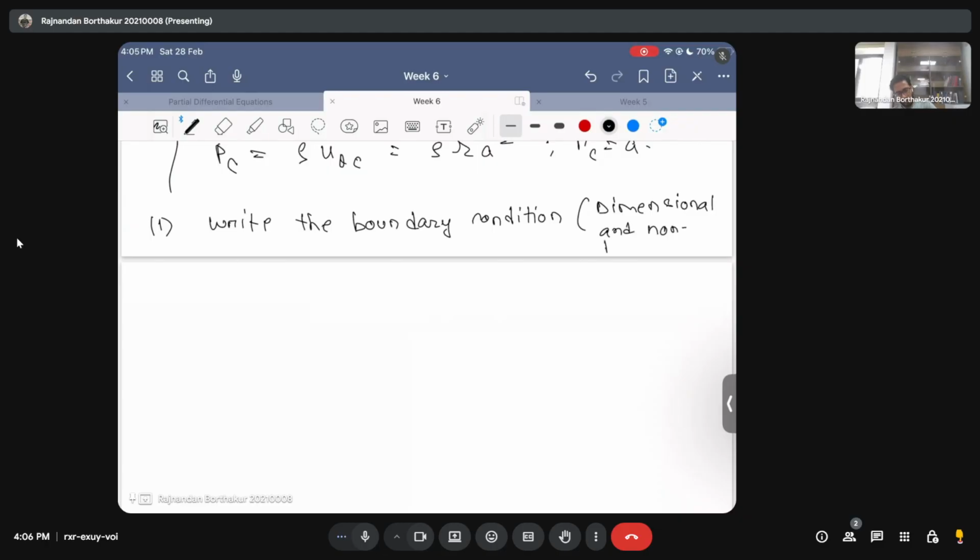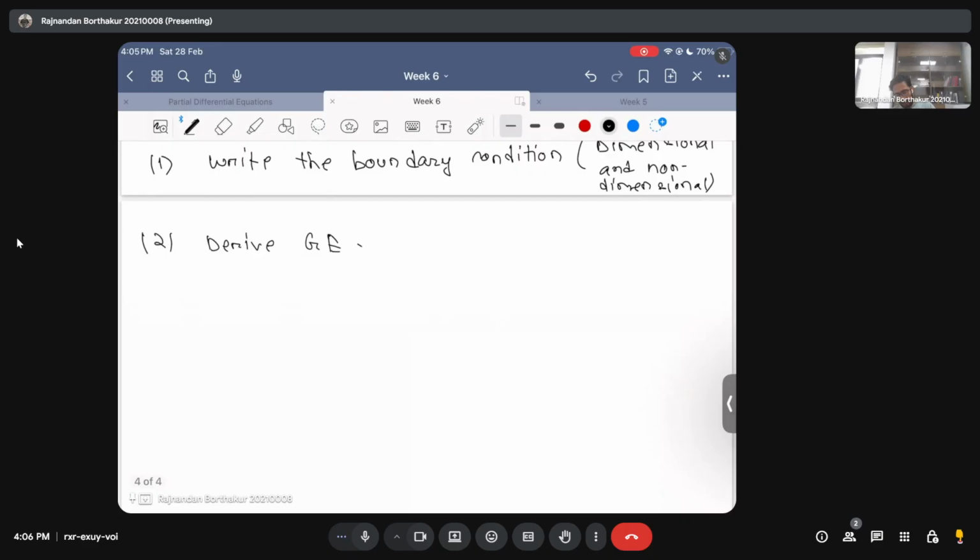The second is, once you write down the boundary conditions, you need to derive your governing equations, which I'll call G. And after you derive the governing equations, you need to solve for the velocity field, which is going to be ur and u theta, and also solve for pressure.